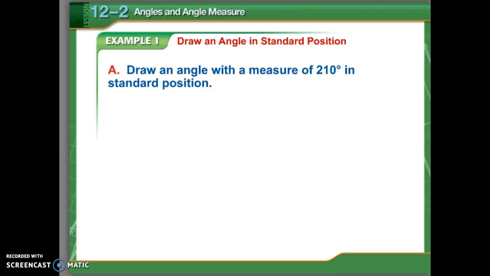So our first example, we're going to draw an angle that's in standard position. Part A says we need to draw an angle with a measurement of 210 degrees that's in standard position.